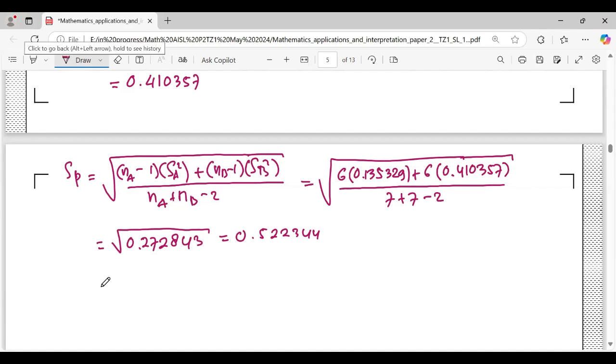Next, the third step, we're going to calculate the test statistic. T-test, I mean.